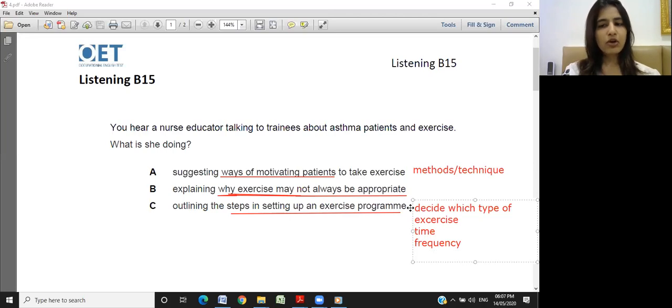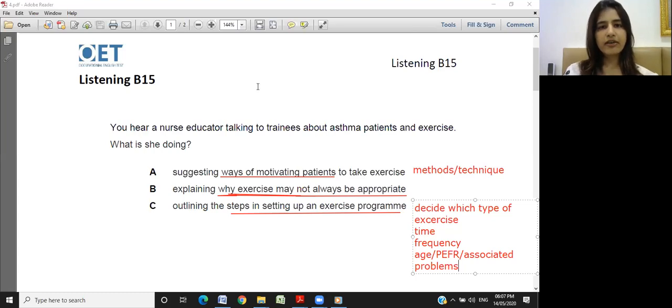Or they might also talk about certain factors which they should consider, for example, age of the patient, their current PEFR level, or maybe if they have any other associated problems, like patients with heart disease probably would not be suitable for exercises. So if this is the correct answer, they would explain what is the first step, what is the second step, what is the third step, right?